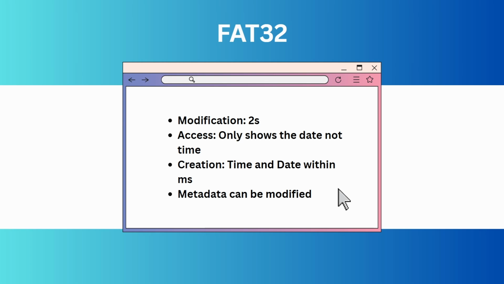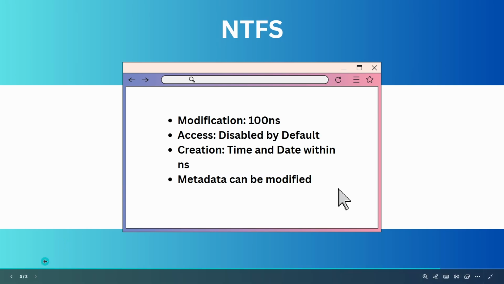Access only shows the date, not the time of the access. When you create the file, it creates that time and date stamp within milliseconds. It can also be modified inside of FAT32 using command line tools or other tools.